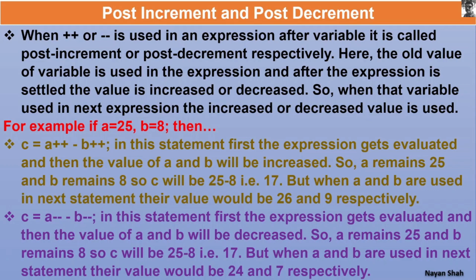Once 17 is assigned to variable c on the left hand side, then a will be reduced to 24 and b will be reduced to 7. So after this, if a or b is used somewhere else in your program, they will be 24 and 7 and not 25 and 8. So that is post increment and post decrement.